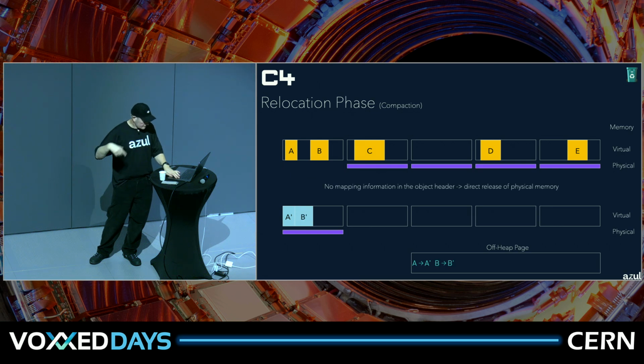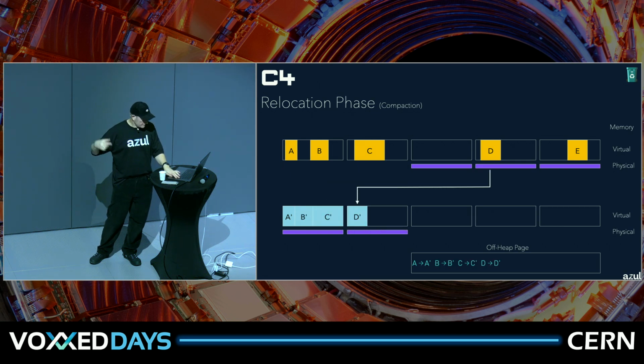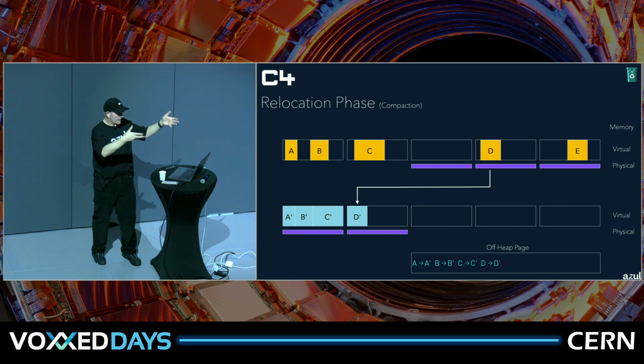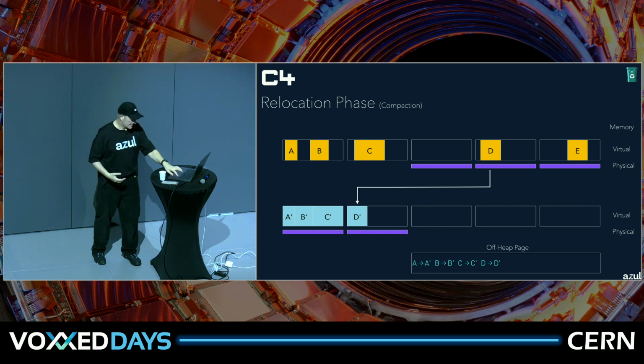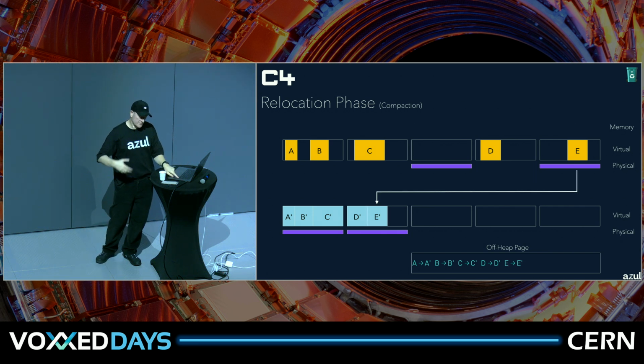So we copy all the information there, and you see we have physical memory, the purple ones, and the virtual memory that we work with. Every time I have copied all this stuff to a new location, I can directly free the physical memory because the forwarding information is not in the old object header. It's off heap. And that makes it faster for allocation because the physical memory is already ready again.